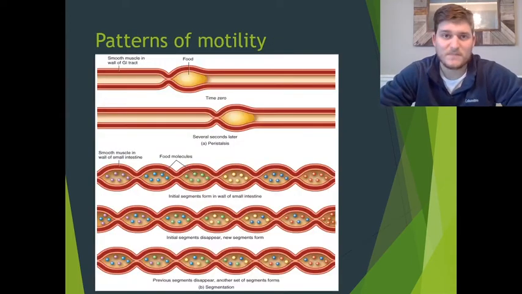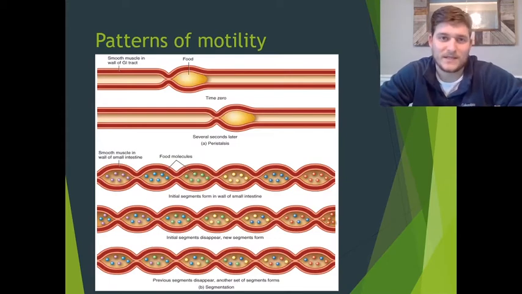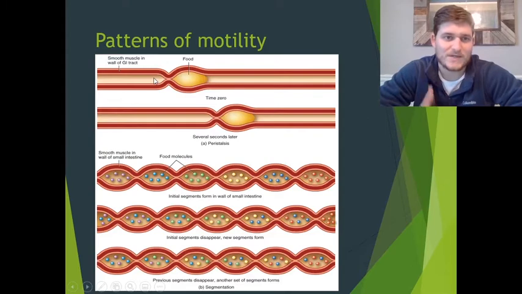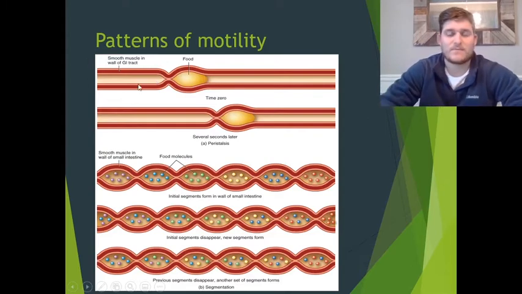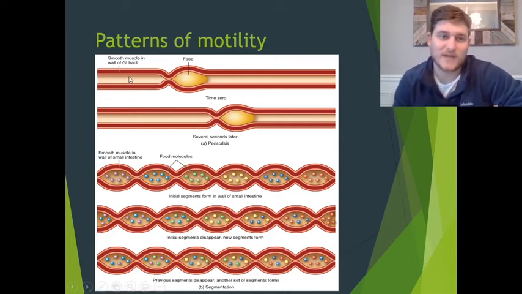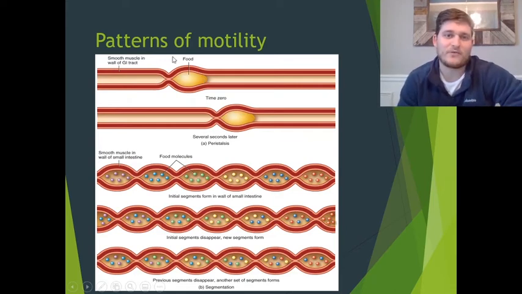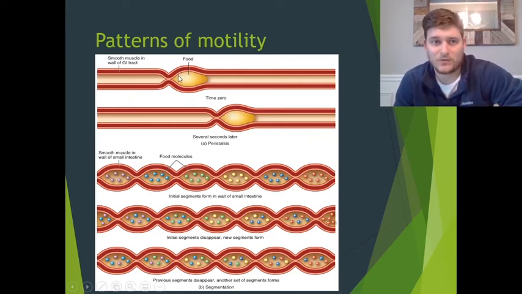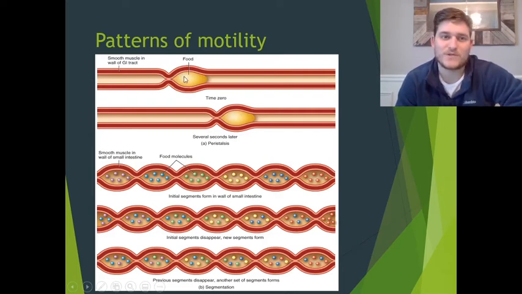segmentation. So first, peristalsis you'll see more so in the esophagus. So when we chew and digest food, that softer food material we call a bolus is going to enter the esophagus, and as that food enters the esophagus, it creates a stretch across the walls of the GI tract.